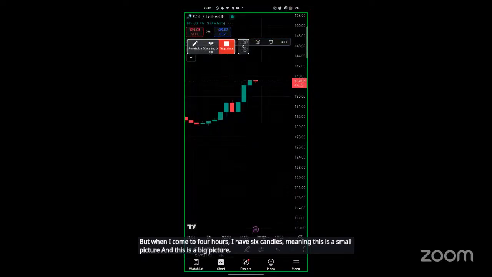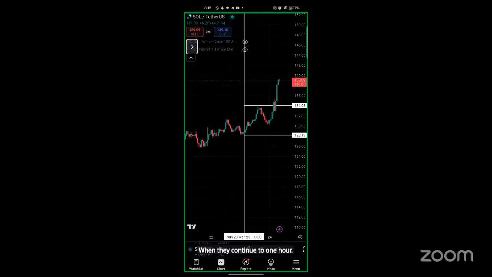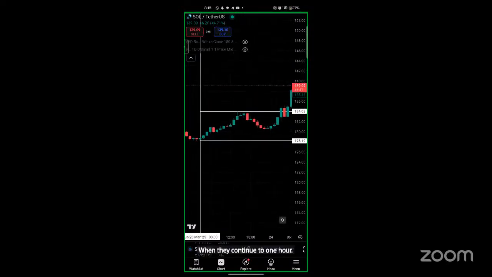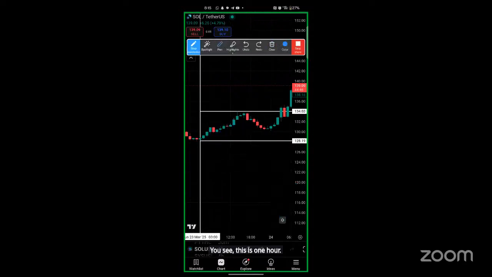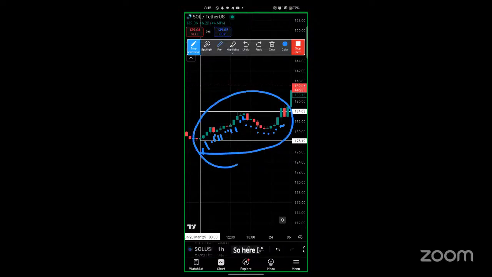When I continue to 1 hour, you see this is 1 hour. 1, 2, 3, up to 24. So here I have 24 candles. And these 24 candles, each candle takes 1 hour. But in one day, I have 1 candle.